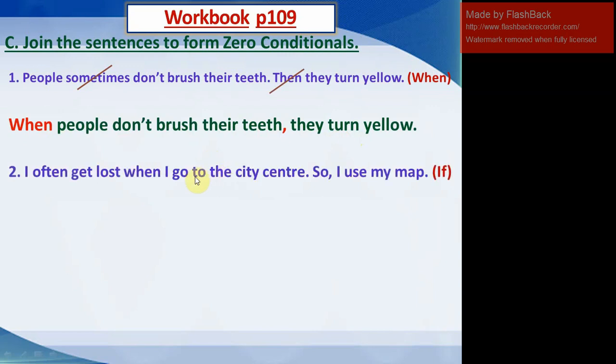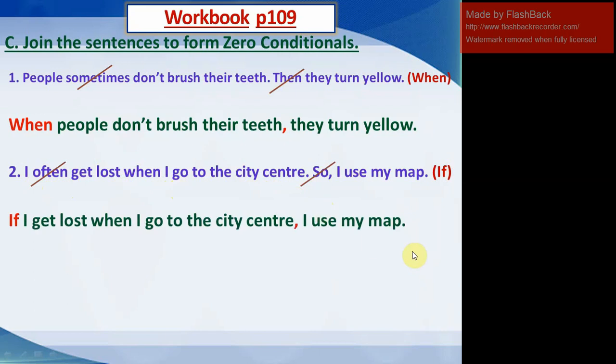Number 2. I often get lost when I go to the city center, so I use my map. I'm talking about a habit here, something that usually happens, or often happens, or always happens. Use if. We delete often, and we say, if I get lost when I go to the city center, I use my map.